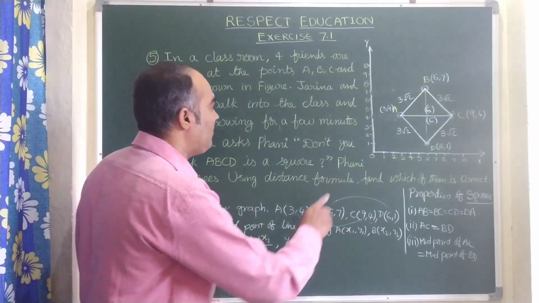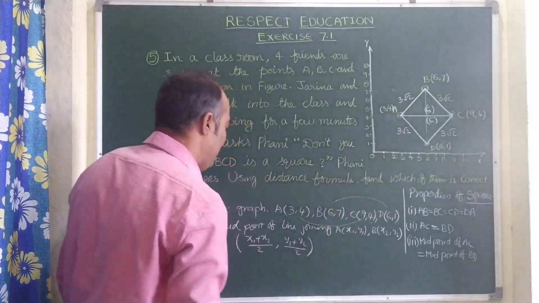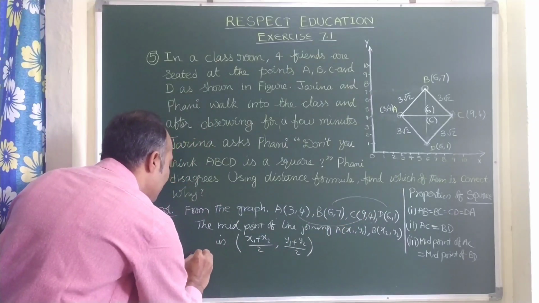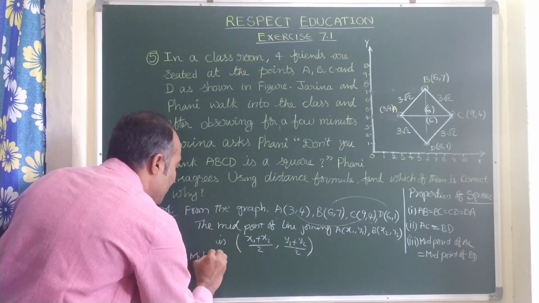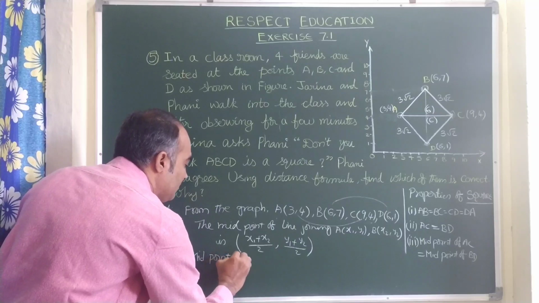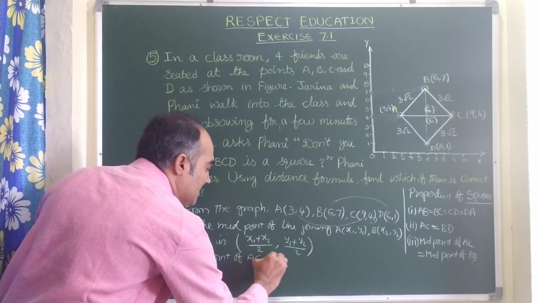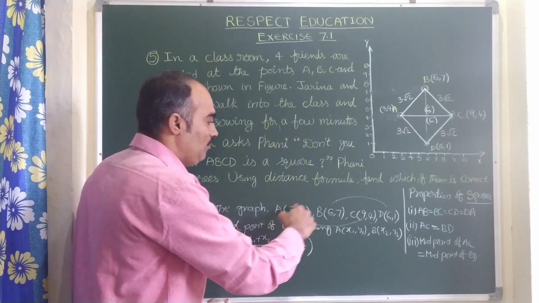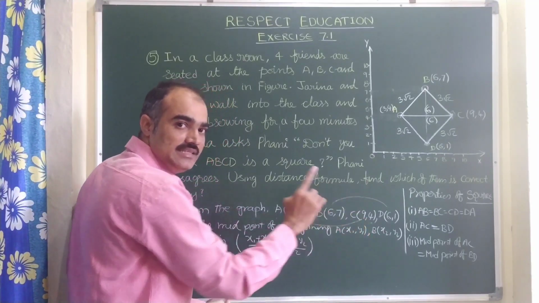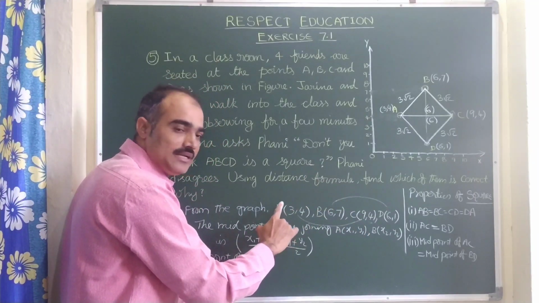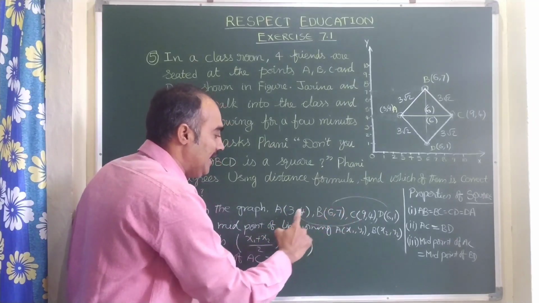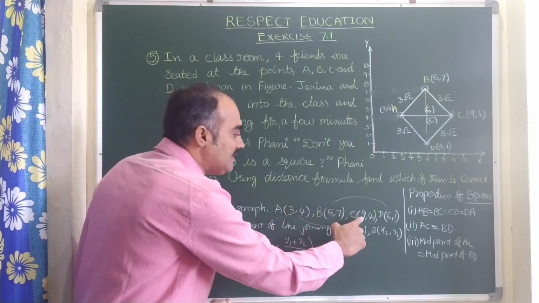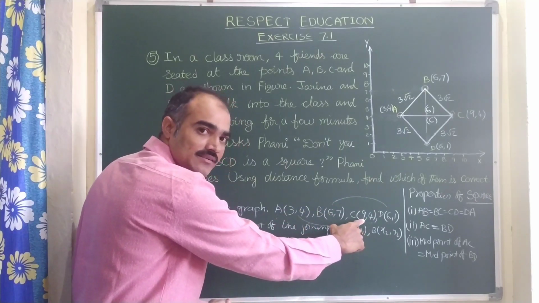So here we are finding the midpoint of AC and BD. Let us take A and C. Midpoint of AC is equal to, x1 is 3 plus x2 is 9. In A, x1 is 3, and in C, x2 is 9.